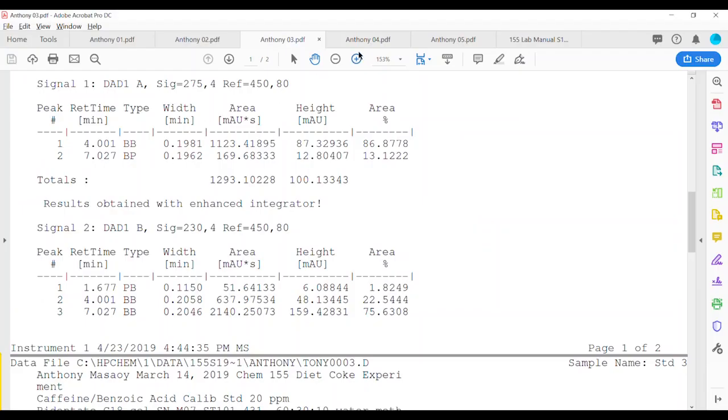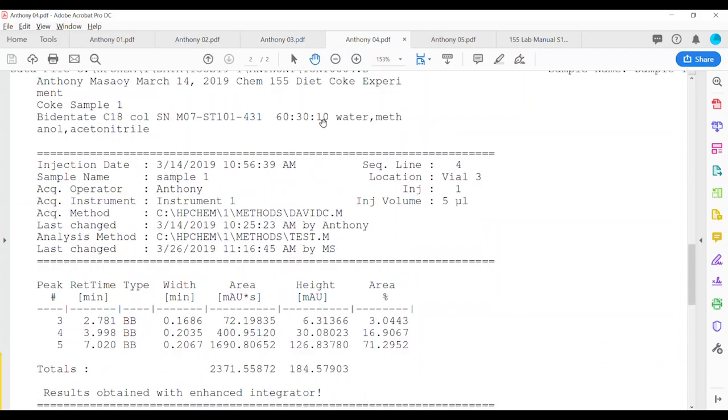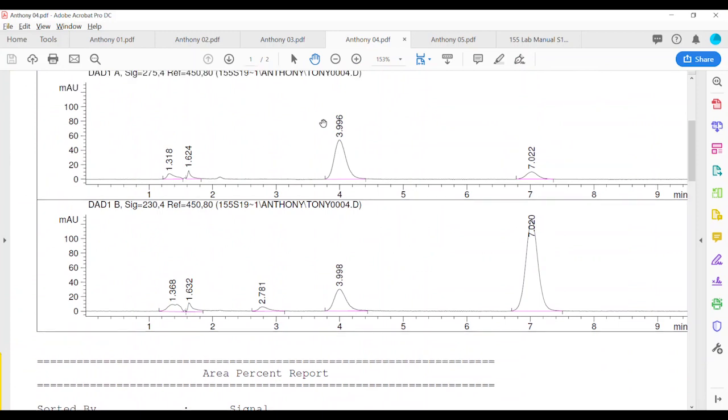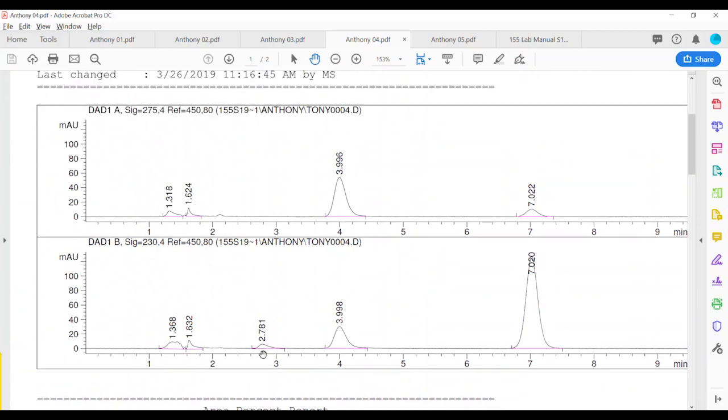Now we're going to get signals from caffeine for the unknowns, for the Coke. Those are going to be in number 4, and you can see the chromatogram here at 275 and 230. There's the peak at 4 minutes. This is caffeine. This is benzoic acid. And these are other slightly more hydrophilic components of the Coke.